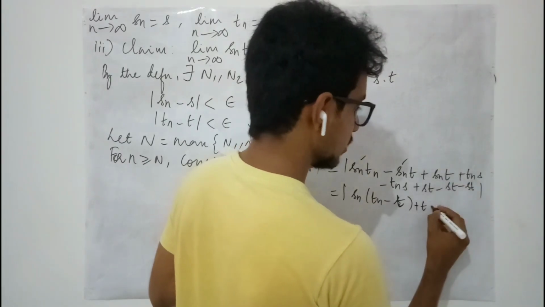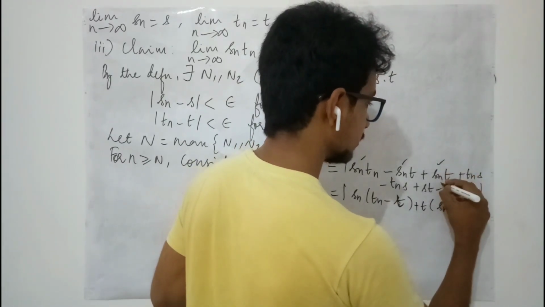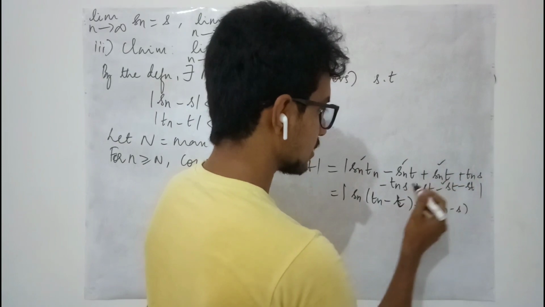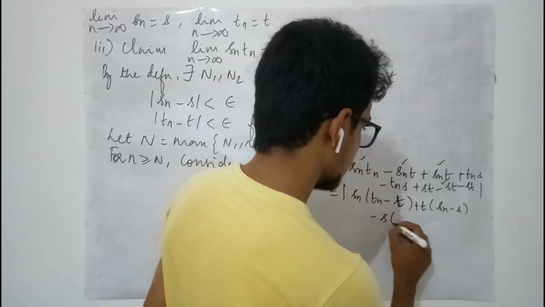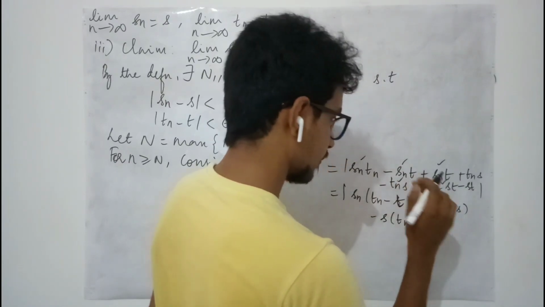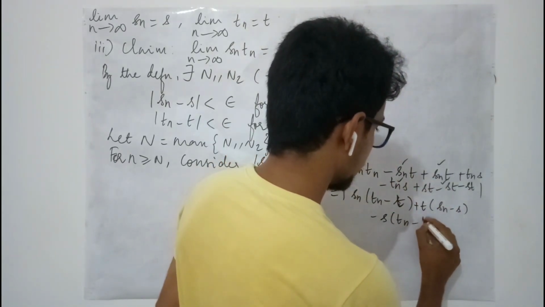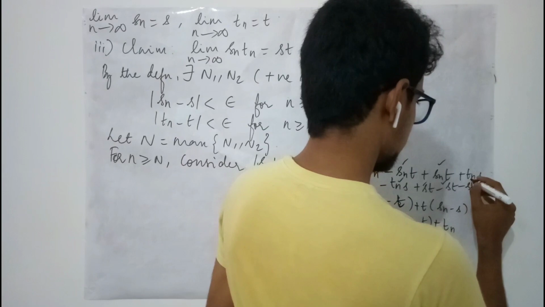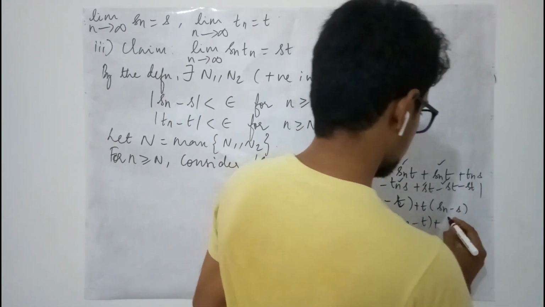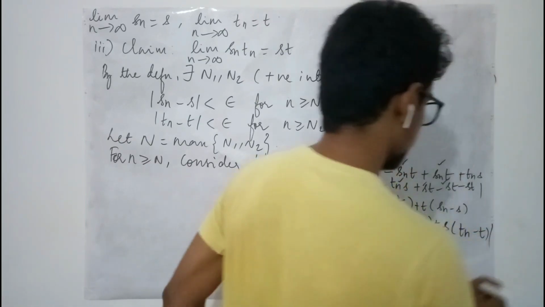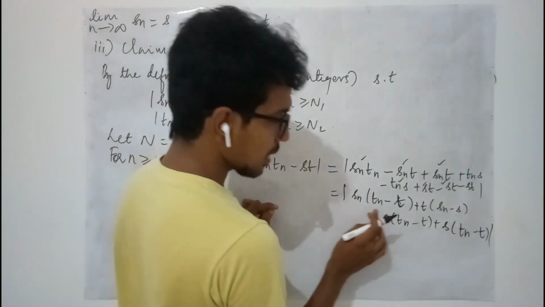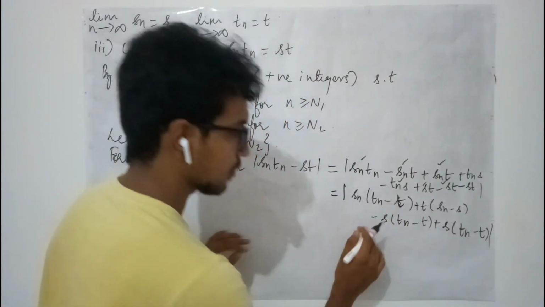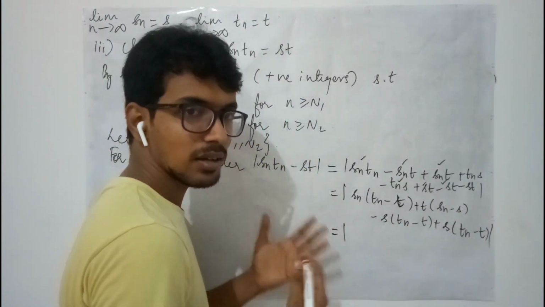Absolute value of Sn minus S. Now let me take out minus S as a common factor, so from here I will have Tn minus T. Now if you see, you have Tn minus T as a common factor in these two terms.